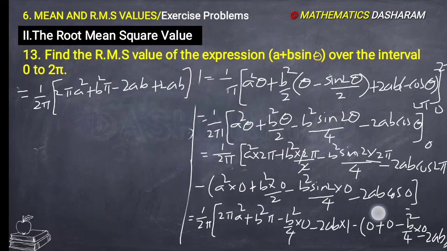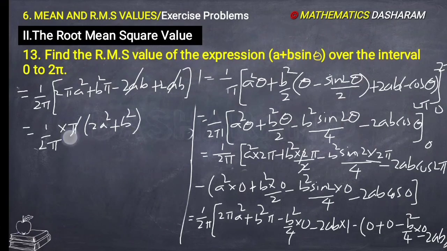Here total 3 terms are zeros. So minus 2ab plus 2ab cancel. So 1 by 2 pi. Here we can take the pi common. So (2a square plus b square), then pi cancel. (2a square plus b square) by 2 is the MSV value.